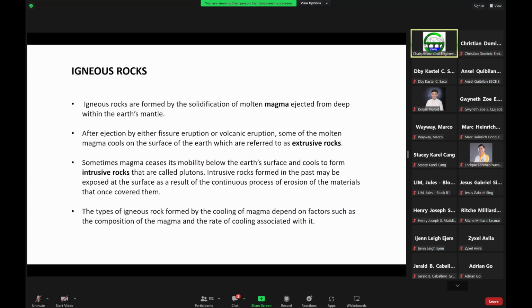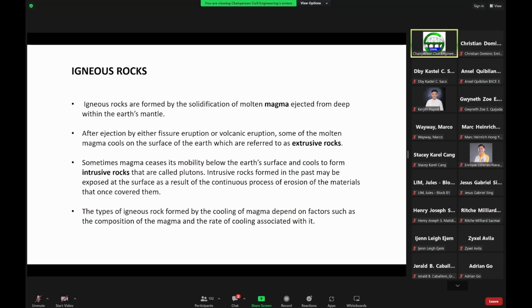Now, talking about igneous rocks, igneous rocks are formed by the solidification of molten magma ejected from deep within the Earth's mantle. After ejection by either fissure eruption or volcanic eruption, some of the molten magma cools on the surface of the Earth, which we refer to as the extrusive rocks.